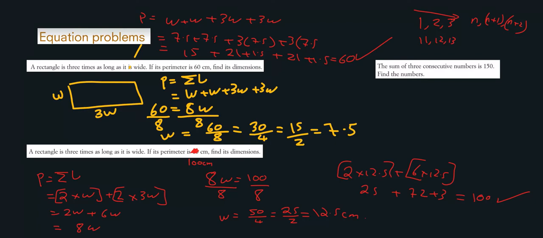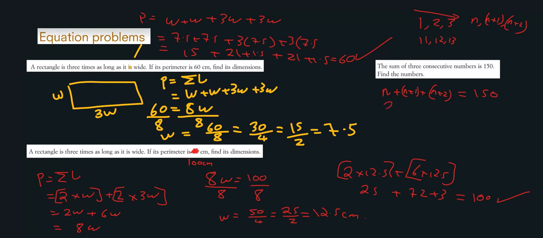Okay, so the sum of three consecutive numbers. In algebra, we can write n plus n plus 1 plus n plus 2, and we can show that's correct. If n is 1, the next consecutive numbers are going to be 2, 3. And we said that the sum is 150.